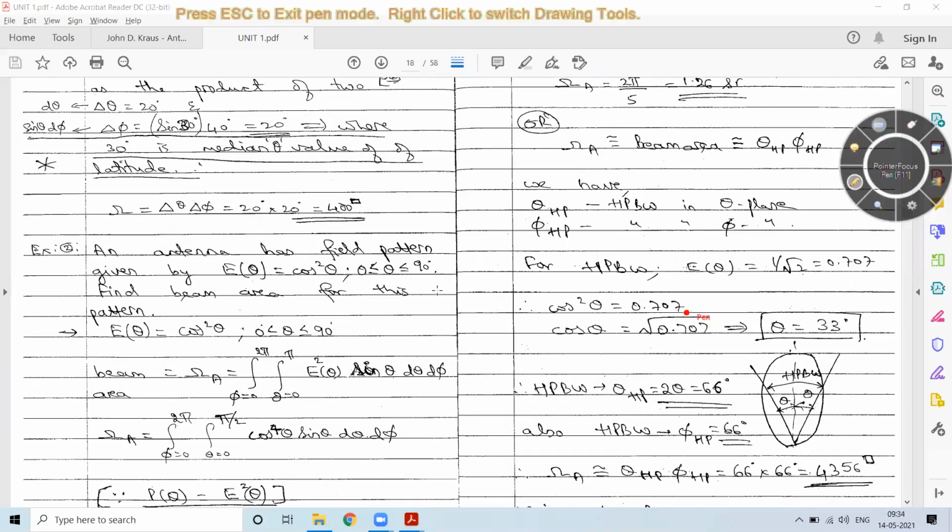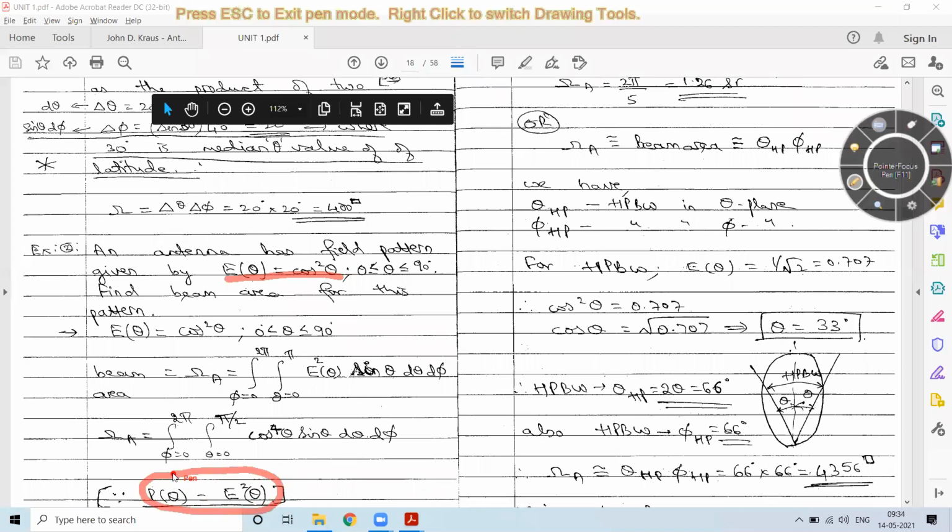In this one, we know the field pattern, but I have to obtain the power pattern. The power pattern is equal to the square of the field pattern, and in the integration I should use the normalized power pattern.